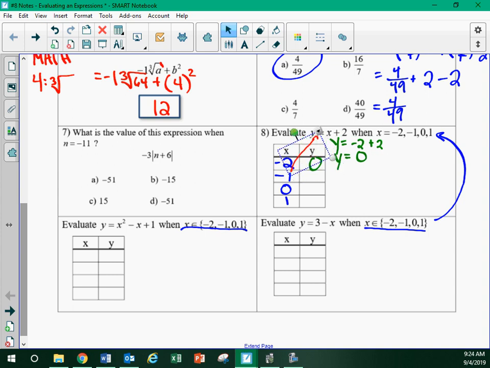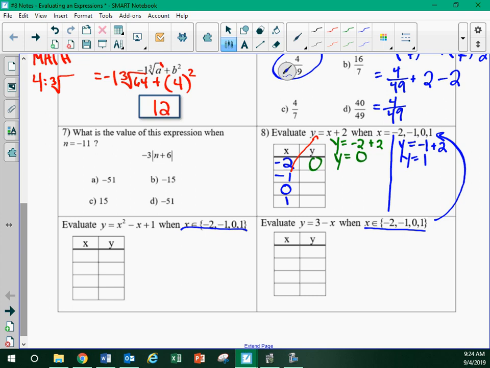All right. So now I'm going to just go and write it over here. Y equals, instead of x, I have now negative 1 plus 2. Good, very good. So when x is negative 1, my y value is 1.